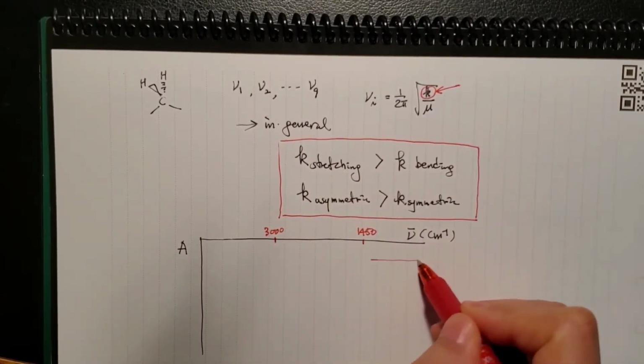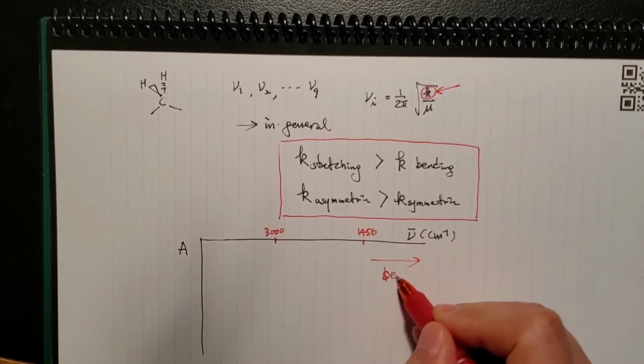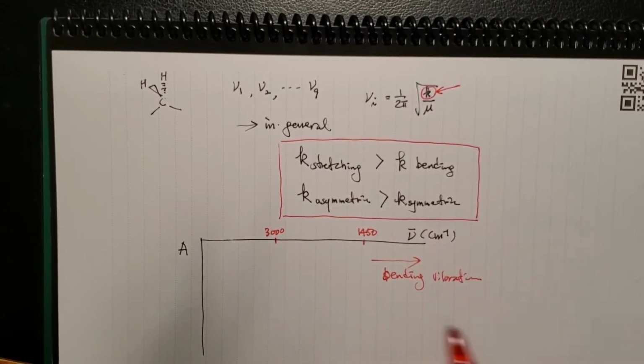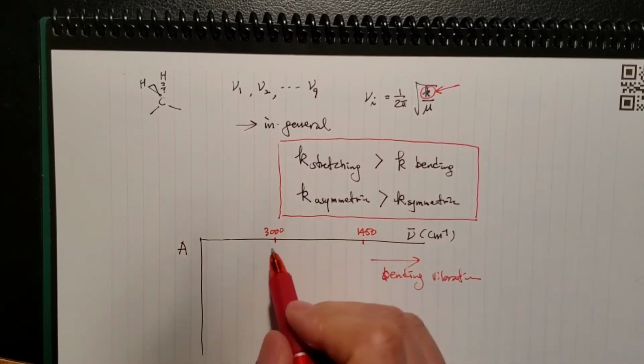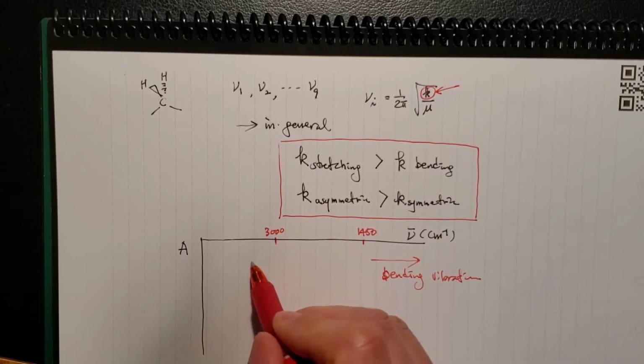So even below this, that's where you expect all kinds of bending vibrations. That much is weaker. And for CHs, your stretching is around 3000. So stretching.